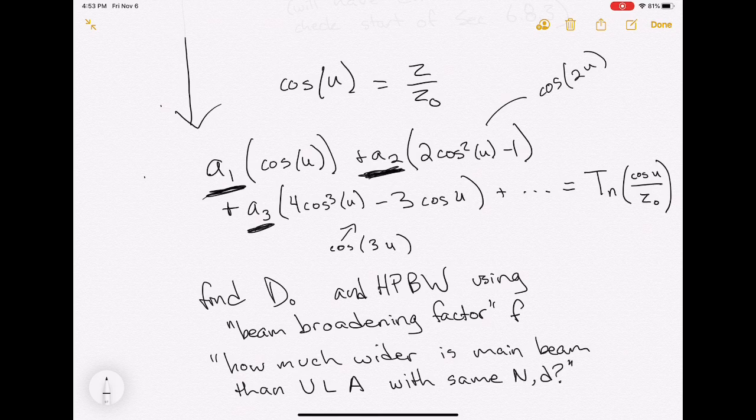And then based on that, you can calculate the directivity and the half-power beam width. The beam broadening factor you can find in equation 6-78, and the directivity and half-power beam width are right after that. So that gets you all of your array metrics.